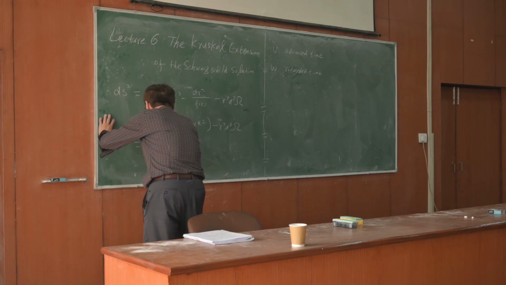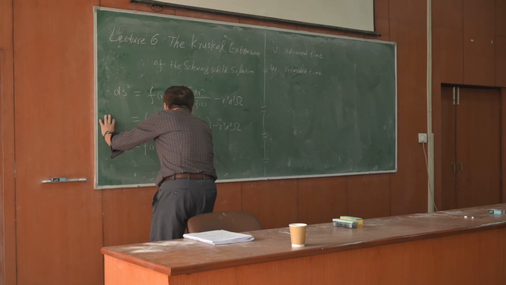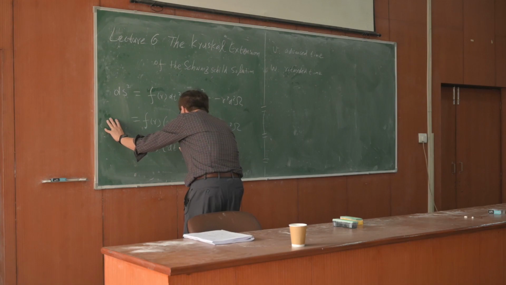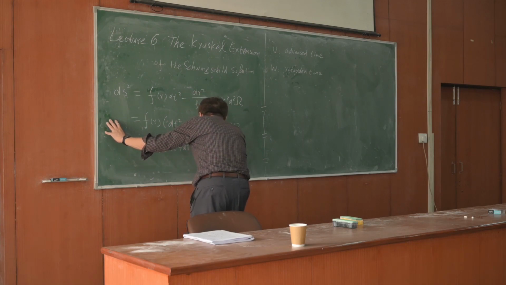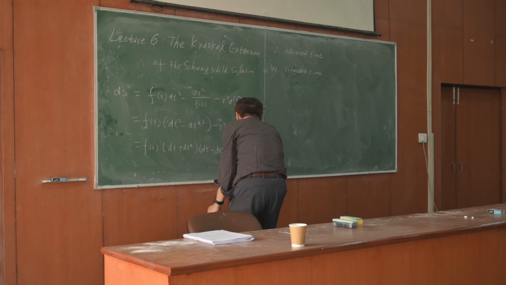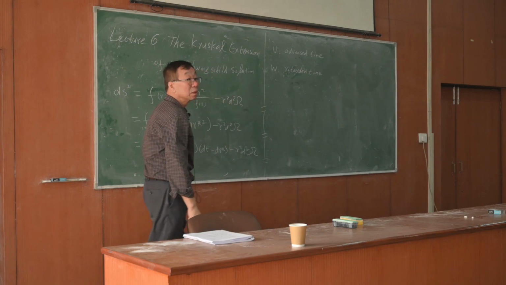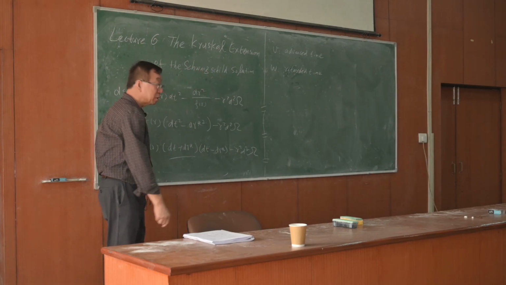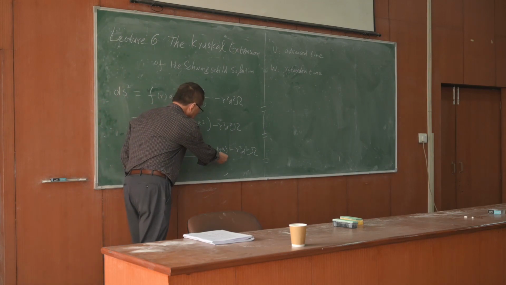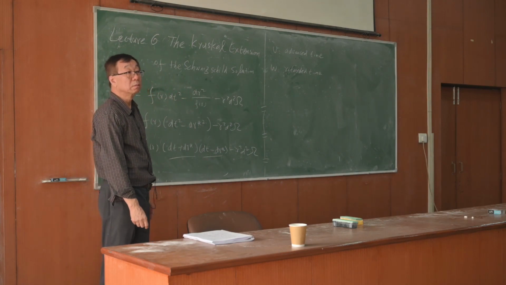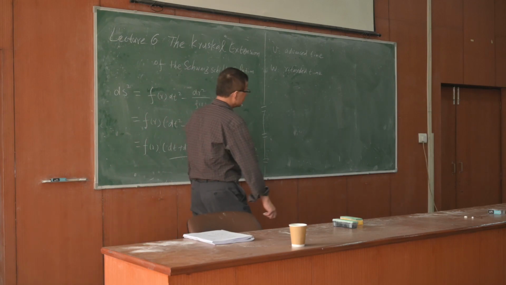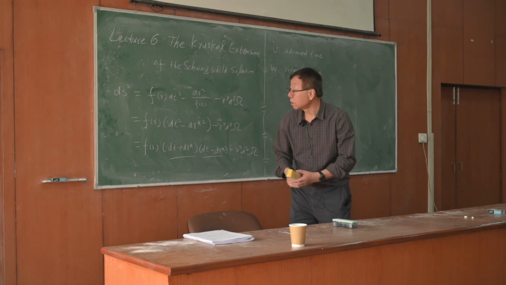So this f(r) you can see is dt plus dr star multiplied by dt minus dr star, minus r squared dΩ squared. I simply turn this into my V, this into my W. I use this. Okay?